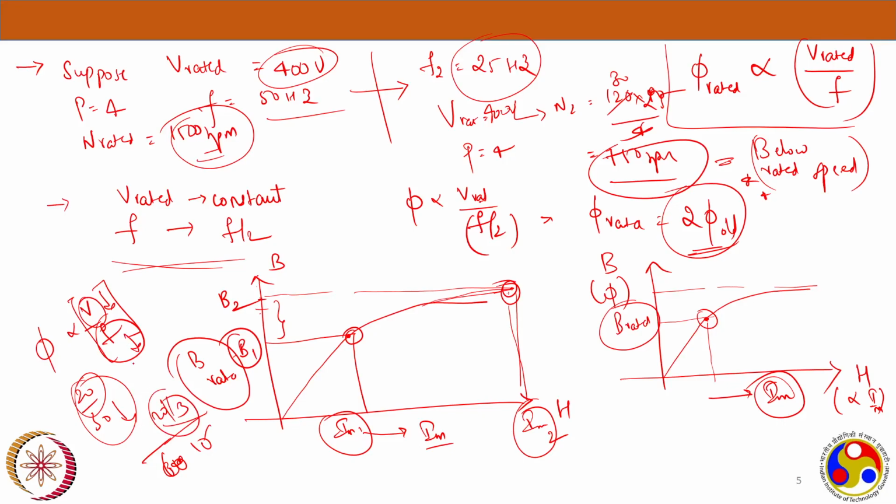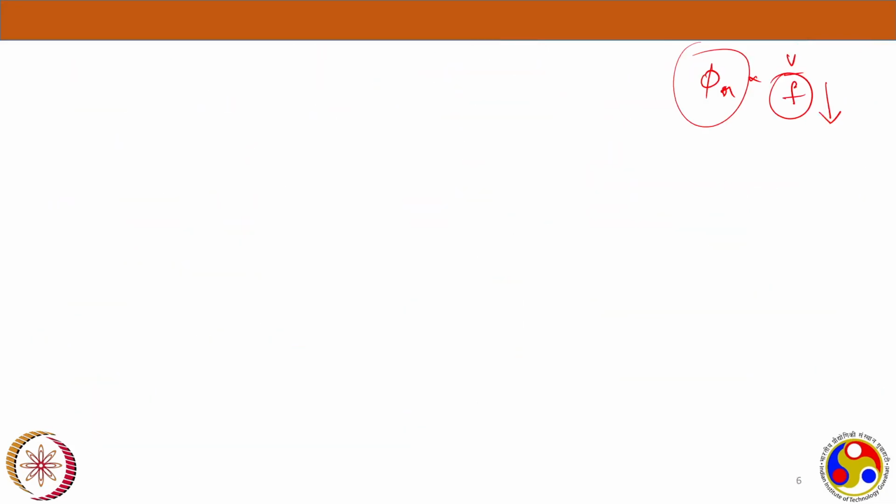In that way you have to make modifications to keep V by F constant. Taking the same condition, before I had 400 volts and 50 hertz. Now if I want to run this motor at 25 hertz, half of its frequency, I need to reduce the voltage also by half, that is 200 volts supply voltage, so that my flux level remains the same.